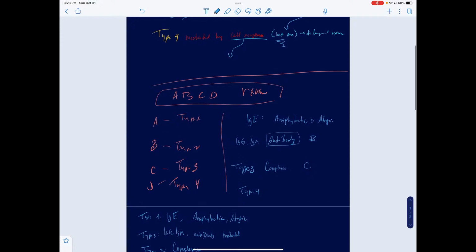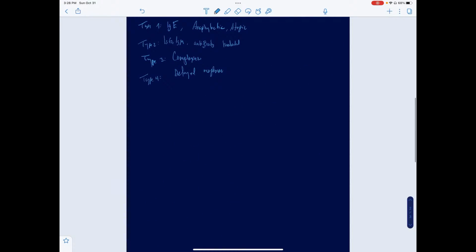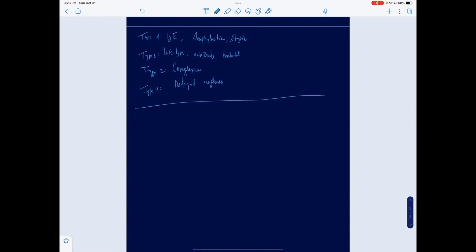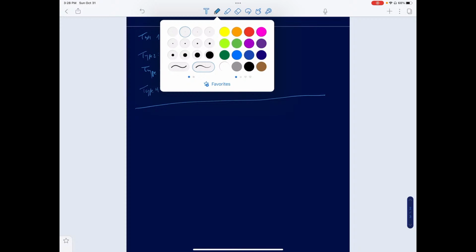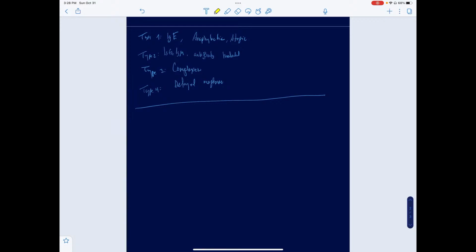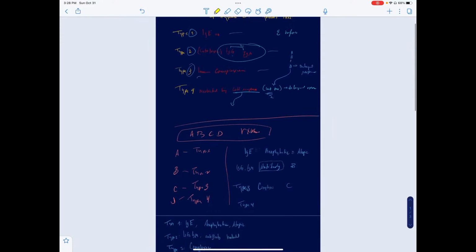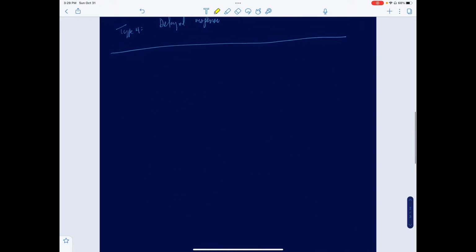Now, let's talk a little bit about each one of these hypersensitivity reactions, and I will do that in a better quality video. But at least for now, we know that there are 4 types of hypersensitivity reactions. Four types. Think of it as A, B, C, and D.